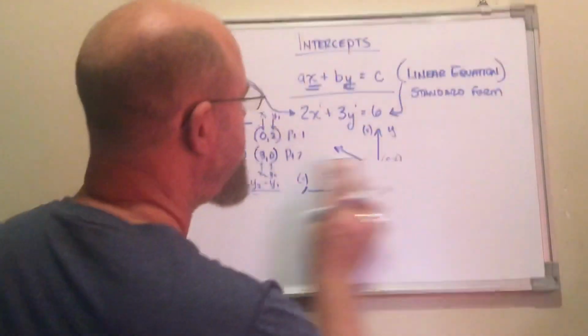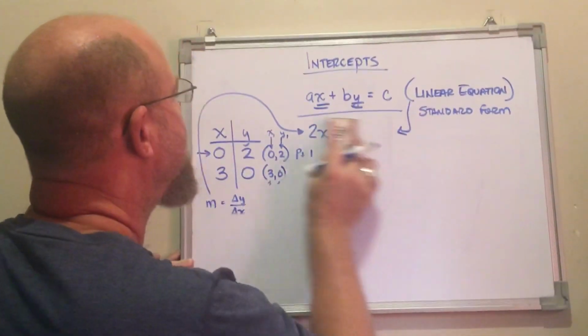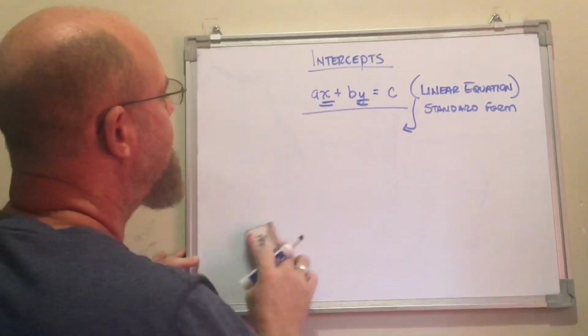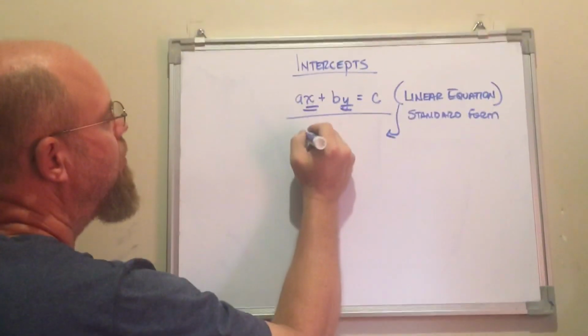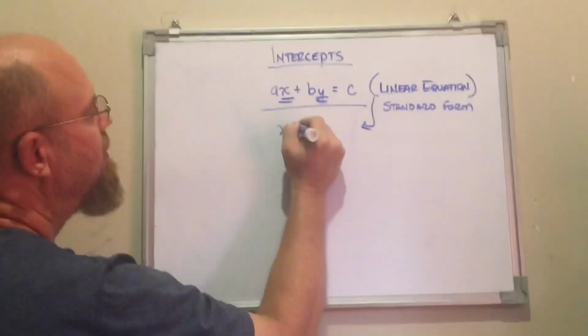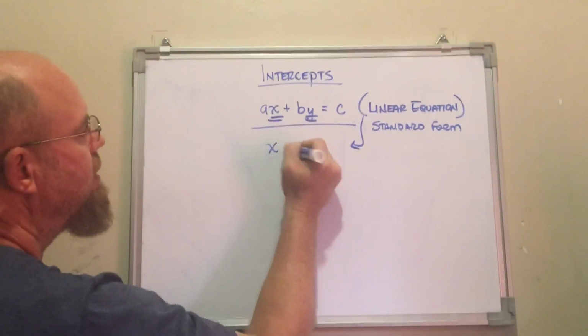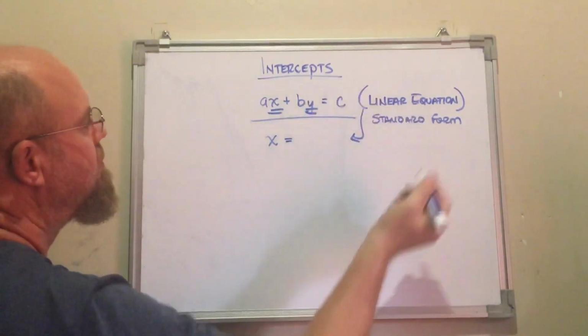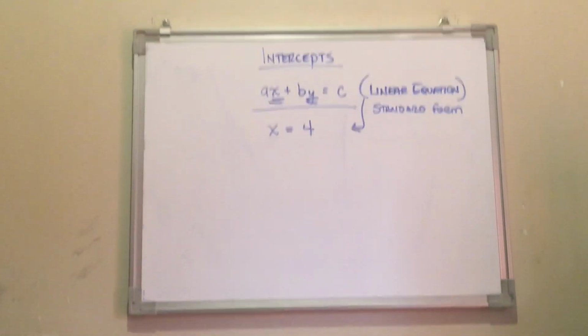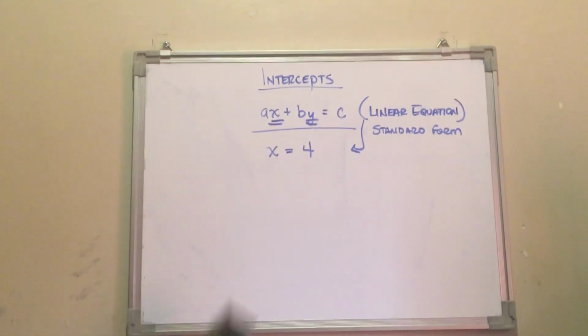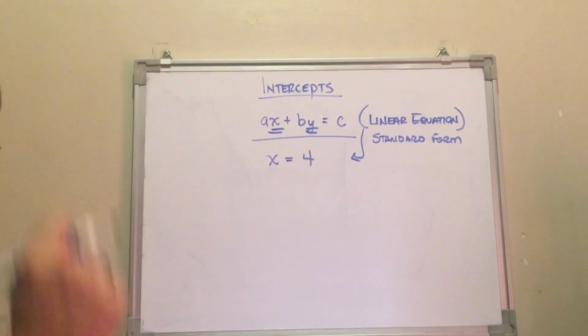So, let's look at something a little different. Let's look at a linear equation where there's no y, we just have x equals 4. Well, is that a linear equation? It sure is, because we have a variable to the first power.